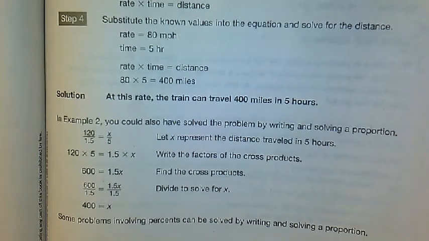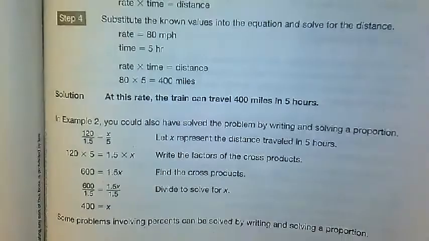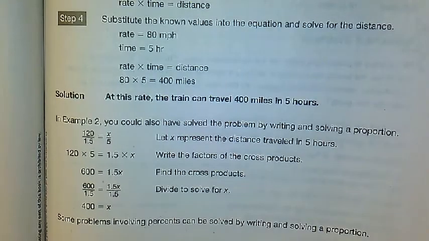So whenever you are trying to figure out a comparison of two rates or ratios, we're setting them equal to each other, it's easiest to find your unit rate first. That's going to make it easy.